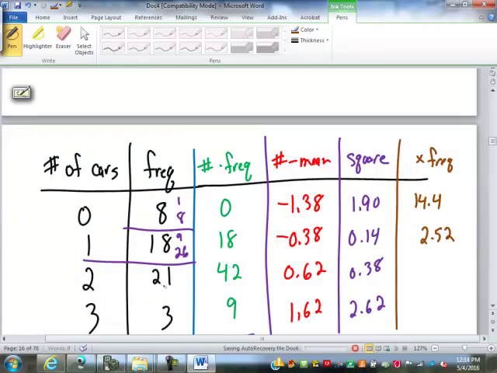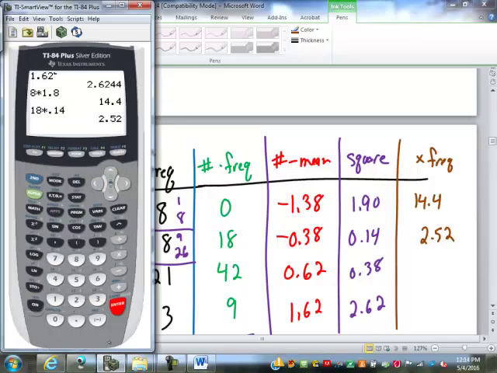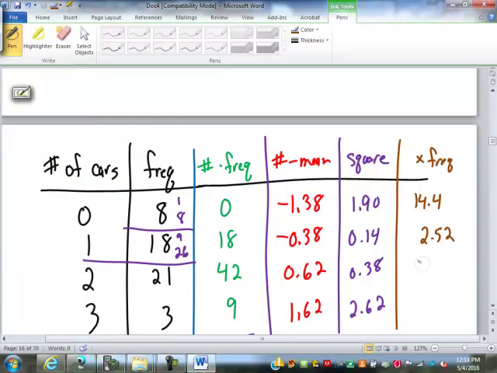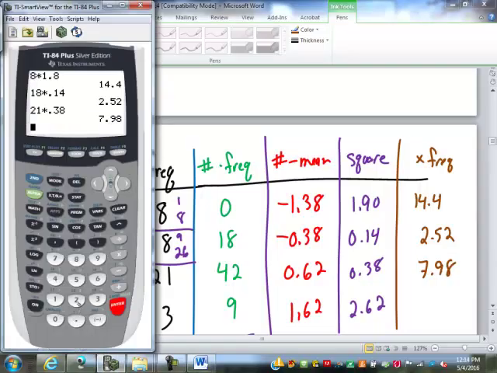And 21 times the 0.38 is 7.98. And 3 times the 2.62 is 7.86.